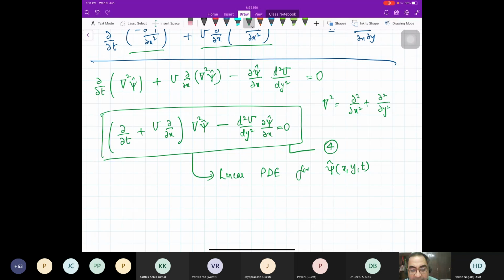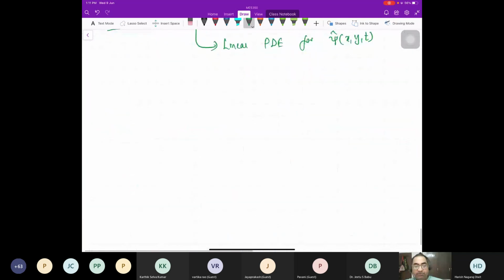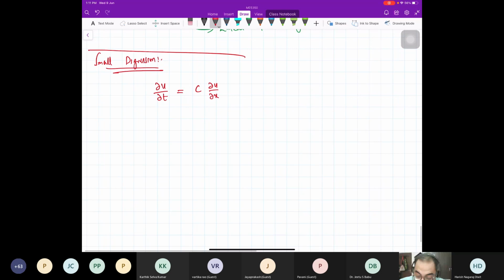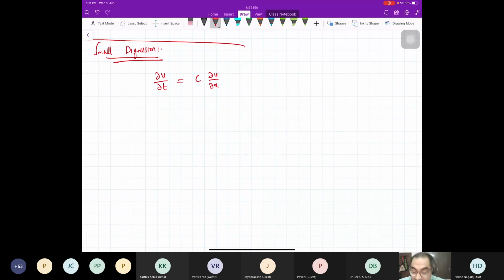Anybody? Let's take the case of a heat equation. Or let's look at the wave equation. Okay, del u by del t. How do you solve an equation like this? Anybody?